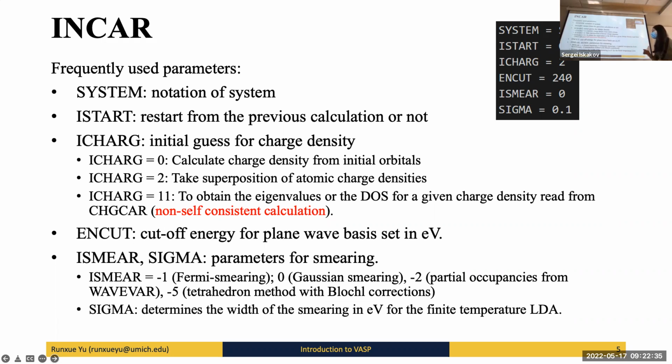And ISMEAR and SIGMA are parameters for the smearing. ISMEAR identifies what type of smearing is used. Usually we will use -1 for Fermi-Dirac smearing, 0 for Gaussian smearing, and -5 for the tetrahedron method with Blöchl corrections.